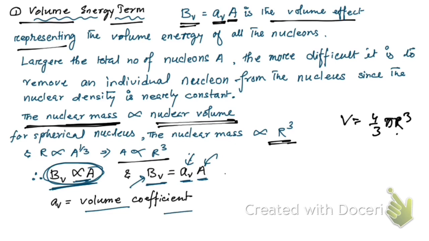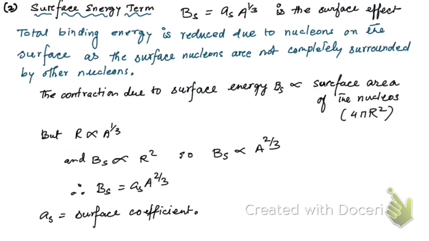Now let me explain the next term. Here you see the surface energy term. This is BS equals AS into A to the power 1/3. The surface effect reduces the total binding energy due to nucleons on the surface.